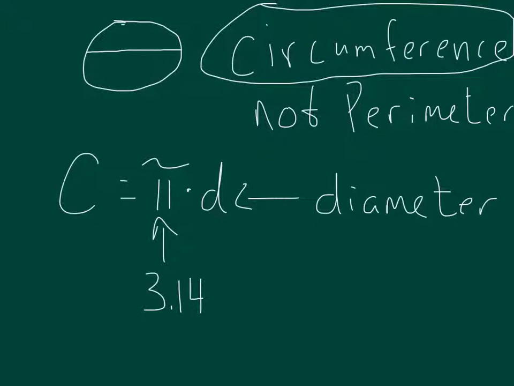Now, the other formula is if you are given the radius. What is the radius of a circle? Again, the radius is from the middle to any side. And again, it is half of the diameter. So, if it is half of the diameter, we're going to have it as circumference equals 2 times pi times r.